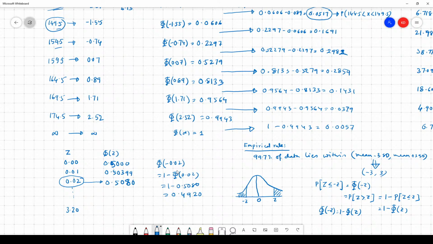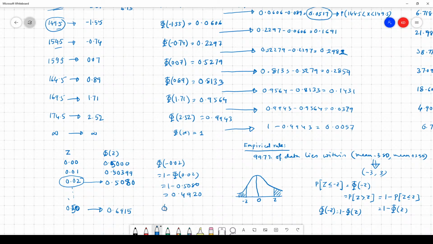Otherwise, for the positive portion, I consider another value from the table, 0.50, and the corresponding phi z is 0.6915.